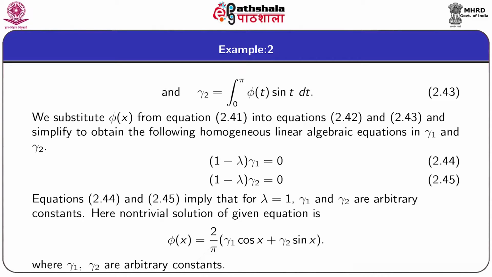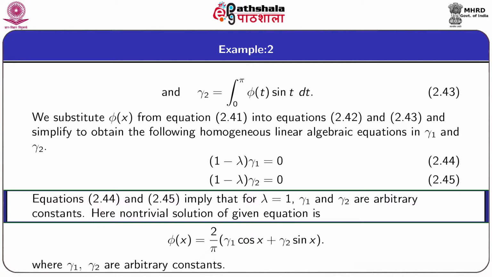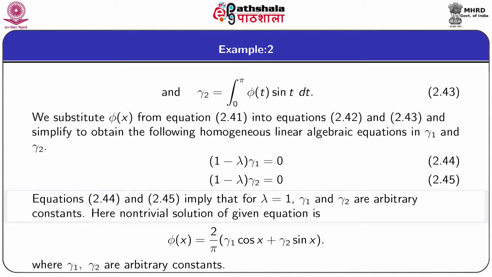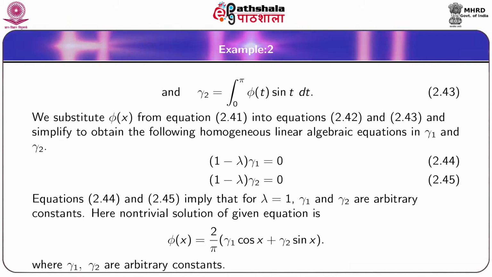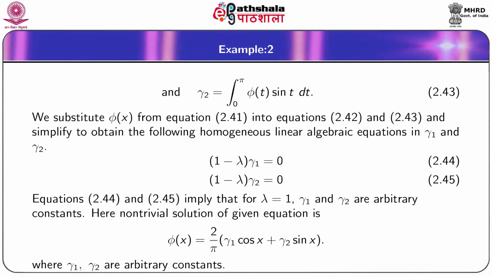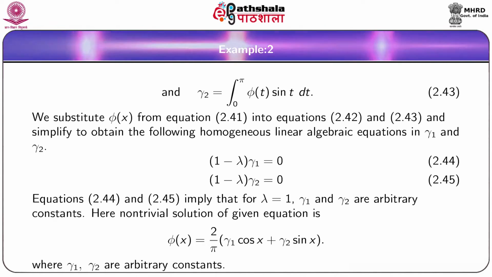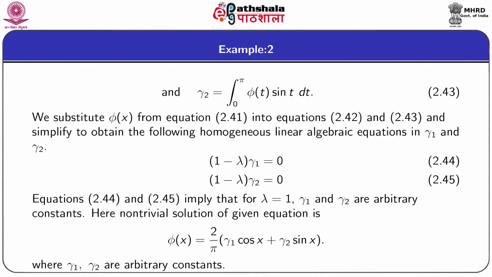We see that both equations 2.44 and 2.45 imply that for lambda equal to 1, gamma 1 and gamma 2 are arbitrary constants, whereas for lambda not equal to 1, gamma 1 and gamma 2 are 0.